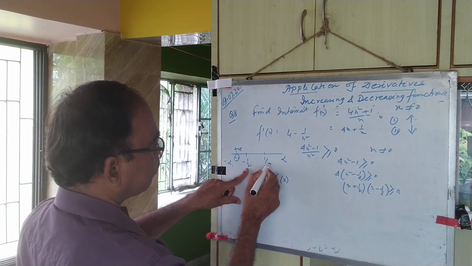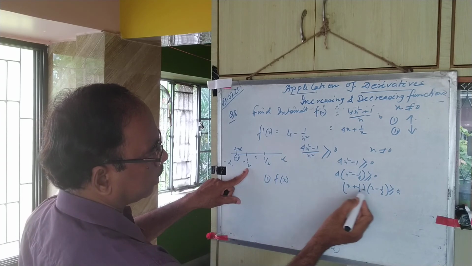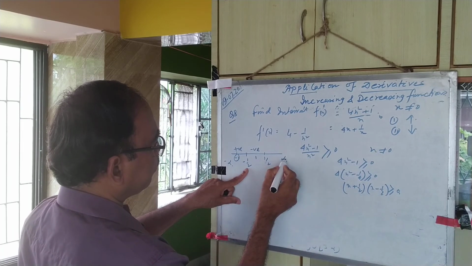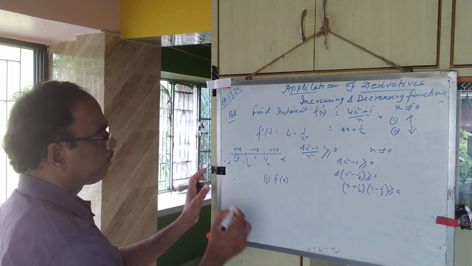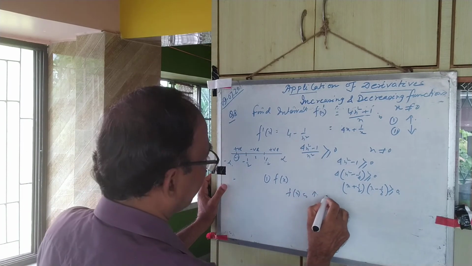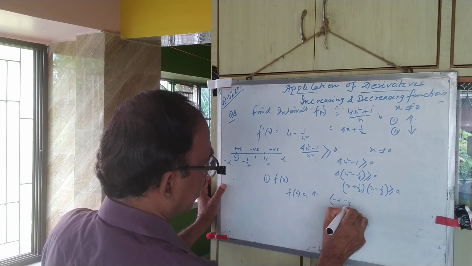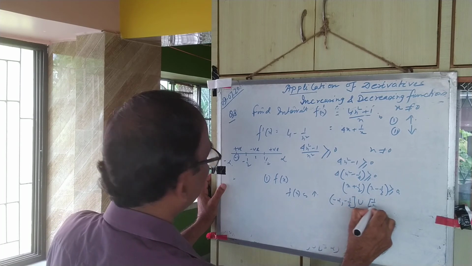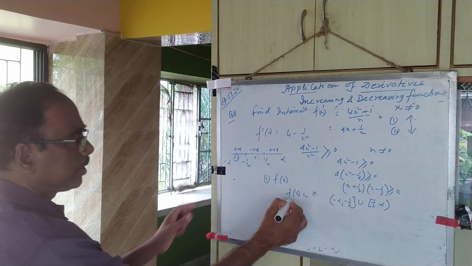Minus half to half, suppose we take 0. So 0 gives one positive and one negative, so this is negative. And half to infinity, suppose 1. This is positive, this is positive. So this is the interval. So f(x) is increasing in the interval minus infinity to minus half union half to infinity.